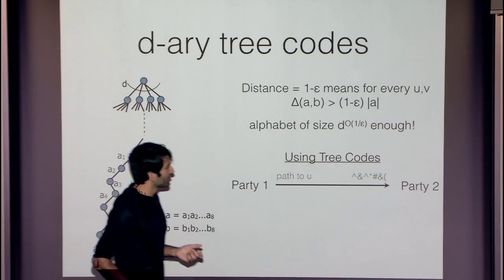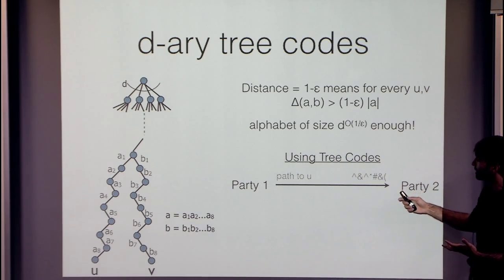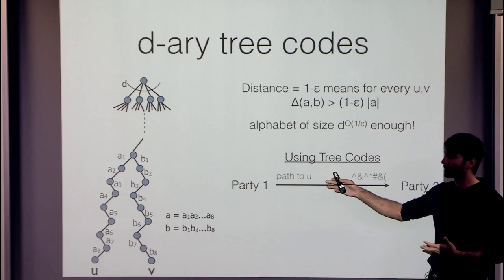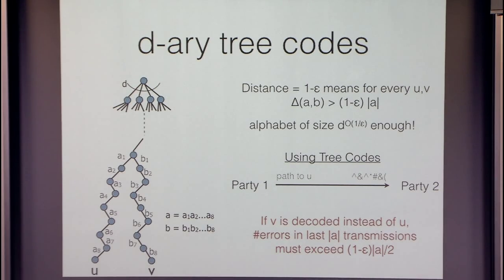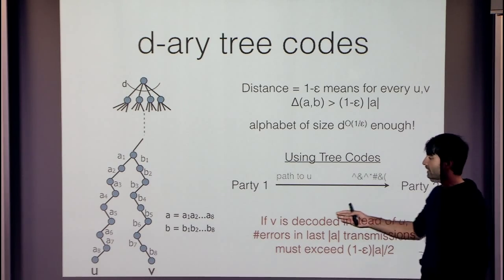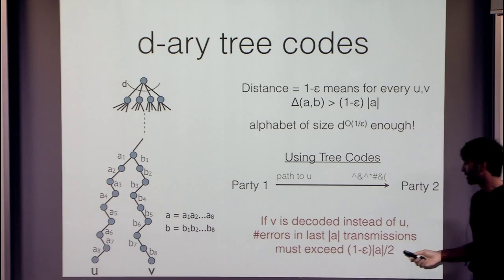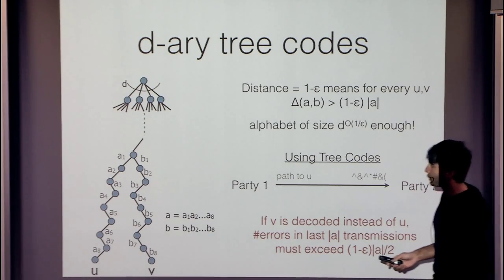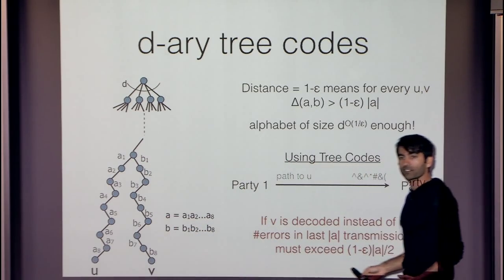And then the second party might receive something that's not exactly what the first party sent. They might have errors. But what you do know is that if the second party decoded v instead of u, by just finding the vertex at that depth that has the most agreement with the messages that he saw, then it must be the case that the number of errors in this interval here must be very large.